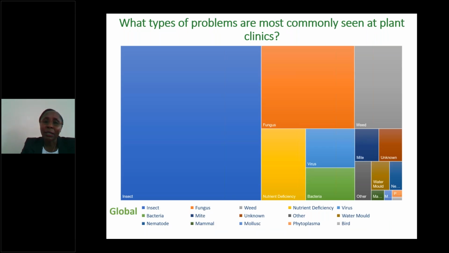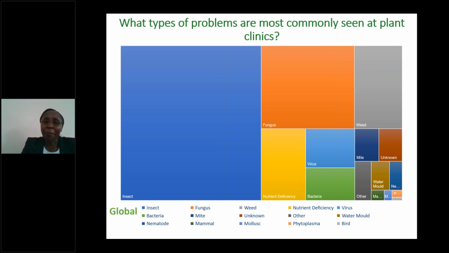Then when we looked at the kinds of problems that we see at the plant clinics, our beautiful small insects, the insect world, is the one that we saw most. Most of the farmers coming to the clinics are coming with problems related to insect pests, followed by fungal infections, weeds, nutrient deficiencies, viruses, bacteria, mites, nematodes, water mold, all those kinds of things that my predecessors have already talked about.